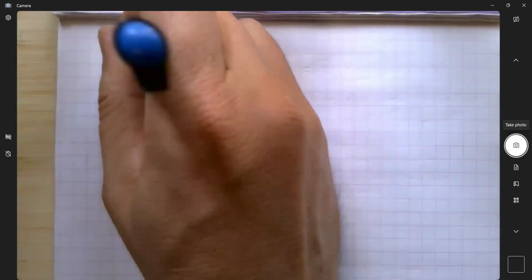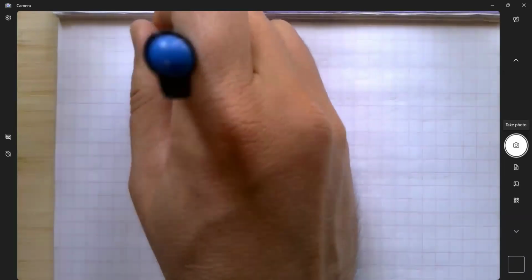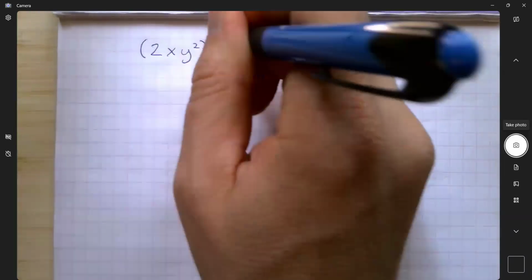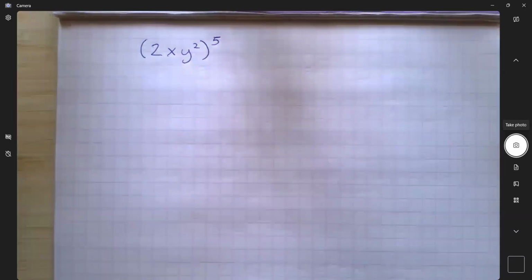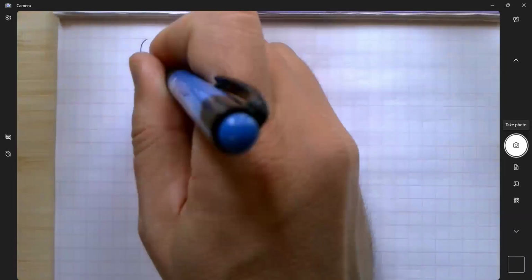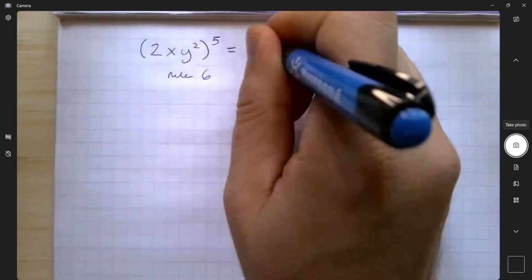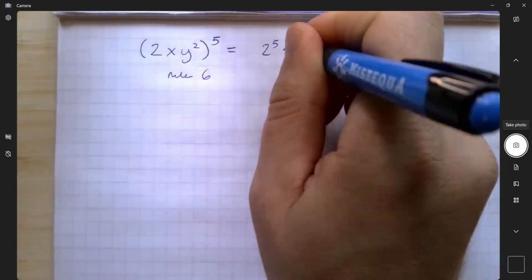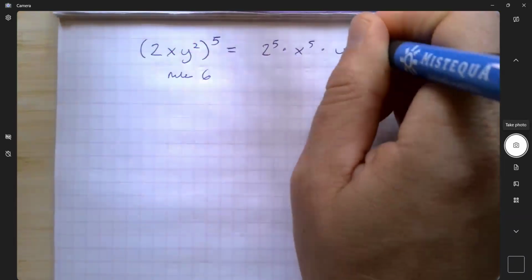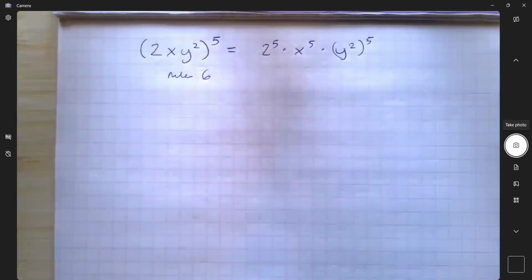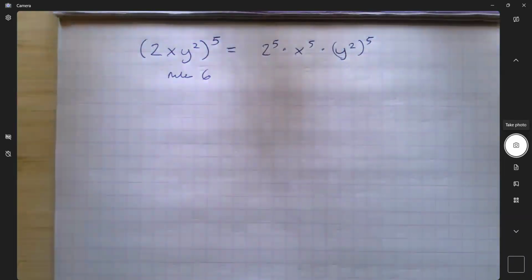Let's look at, we're going to get a big one going here, 2xy squared, all raised to the 5th power. Well, rule 6 says I can distribute that power to each of the terms because they're multiplied.